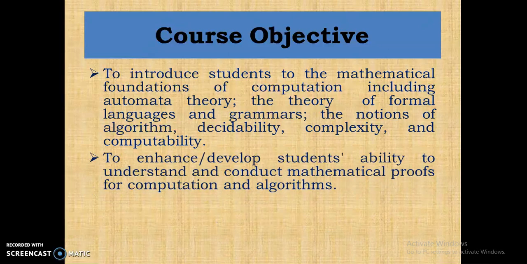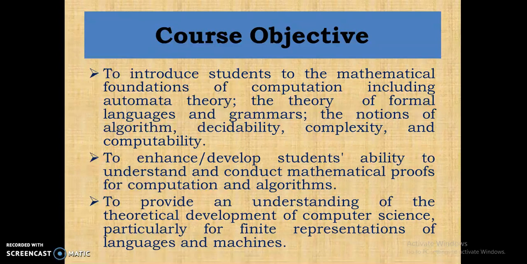And also to enhance and develop the students' ability to understand mathematical proofs, okay, that you are going to use for computation and for algorithms, right? So these are the course objectives we have set for theory of computation, right? Now the last is to have an understanding of the theoretical development of computer science, right? So here you are going to represent in terms of finite representations for your languages and for the machines.